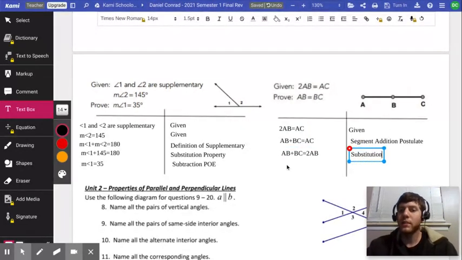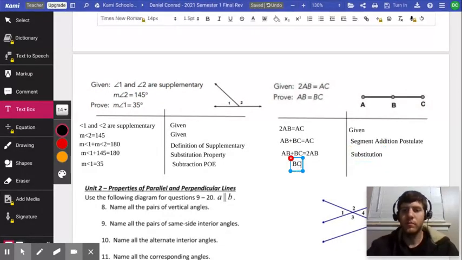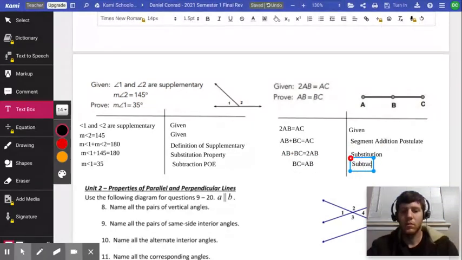Then we can subtract AB from both sides, and we're going to get BC equals AB. That is the subtraction property of equality, and that's what we want: AB is equal to BC.